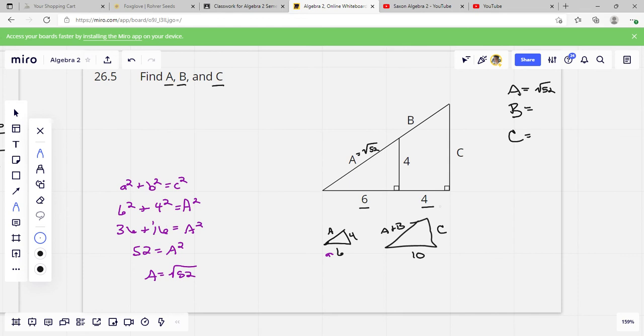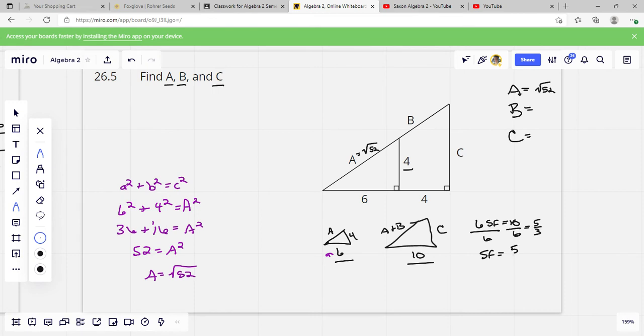Okay, so for C, it says that we can use our scale factor. So we went from 6 to 4. No, we're going from 6 to 10. Got to remember that those are added together there. Okay, so that means that 6 times our scale factor equals 10. Then we just divide by 6, and we can reduce that, be 5 over 3.